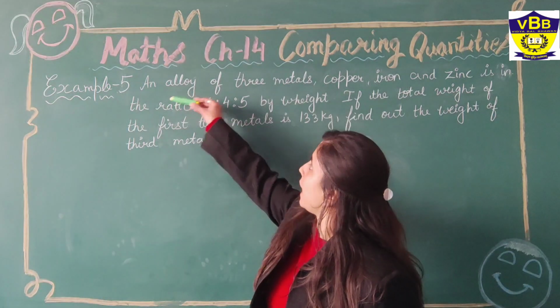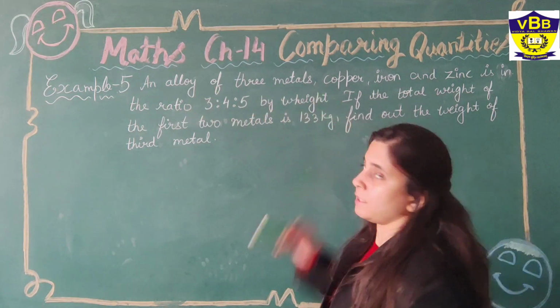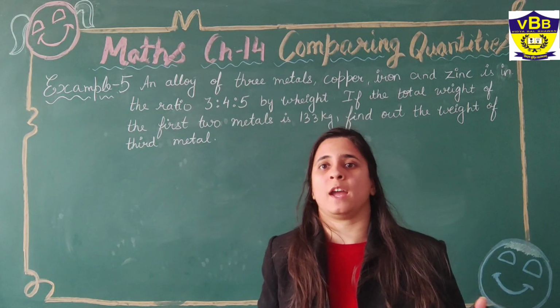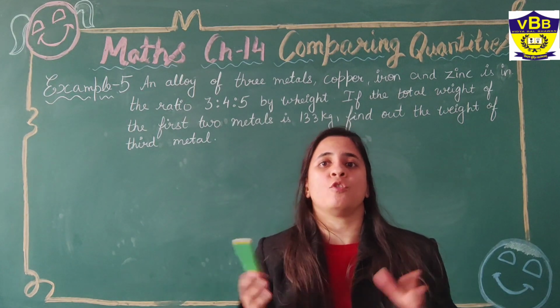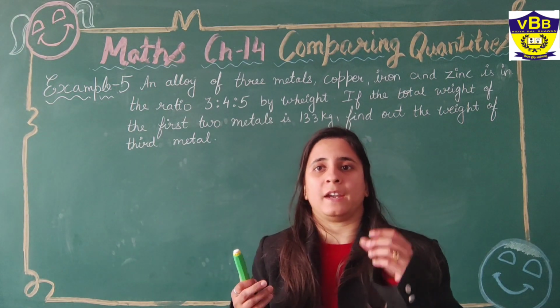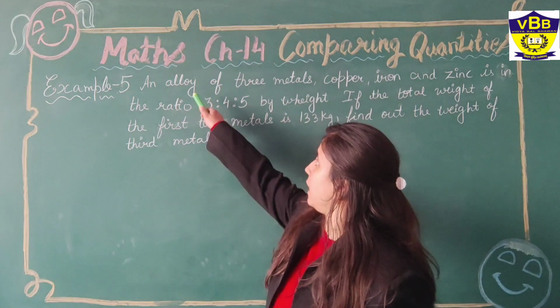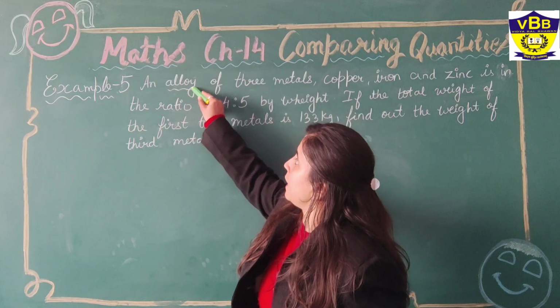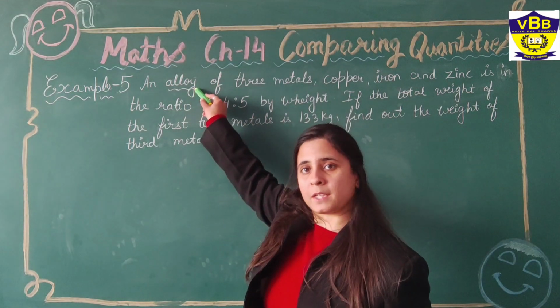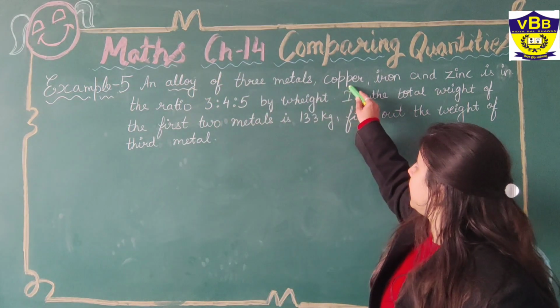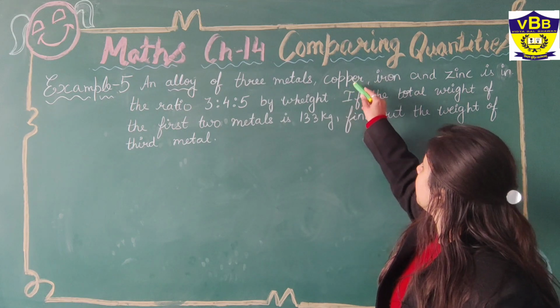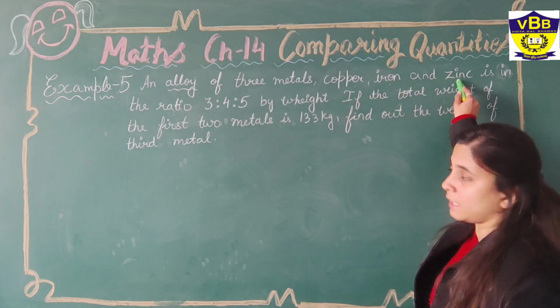It says an alloy of 3 metals. What is an alloy? When you are mixing 2 or more metals and another thing is formed, that is known as an alloy. The metals which are mixed together are copper, iron and zinc.